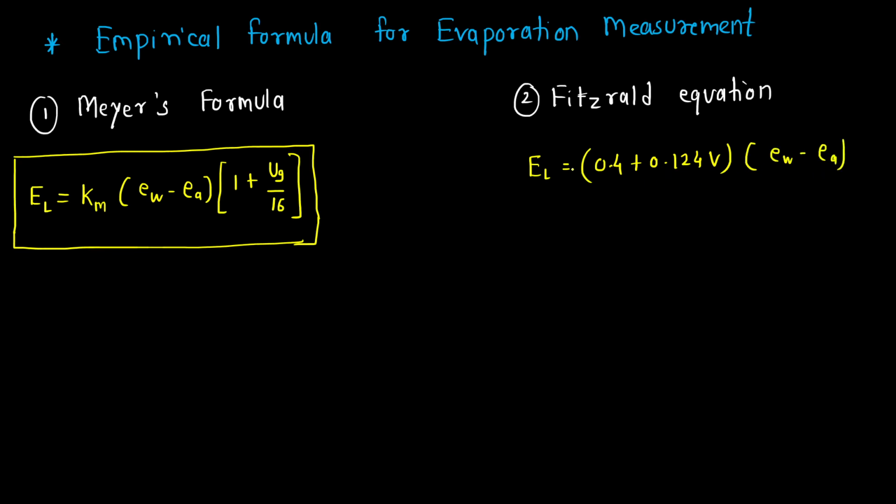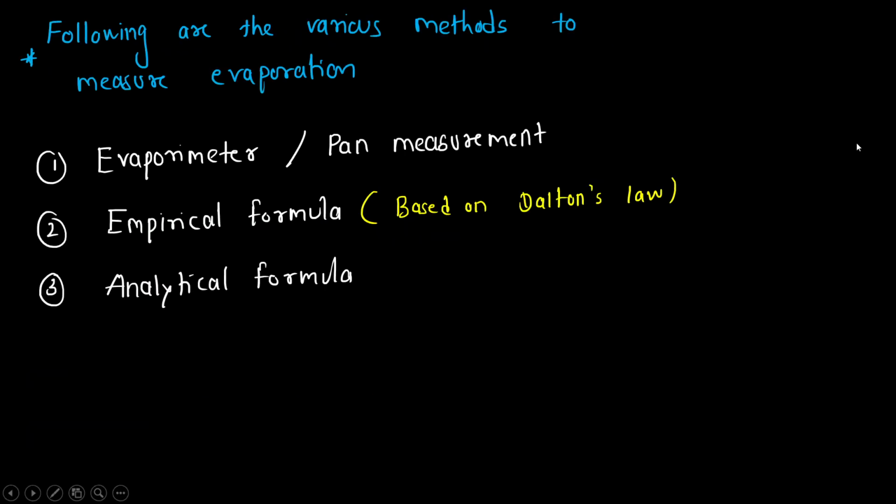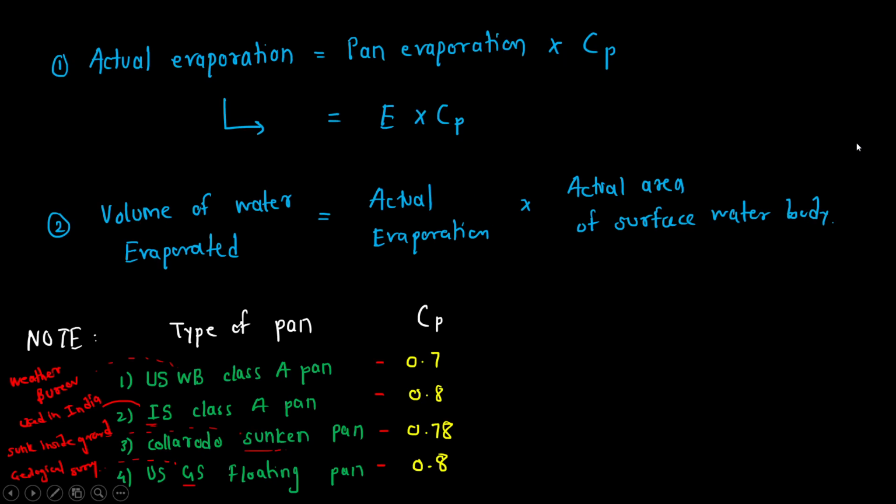As you can see, mainly the rate of evaporation is proportional to the difference between saturation vapor pressure and actual vapor pressure. That is nothing but Dalton's law. Hence we have written that these empirical formulas are based on Dalton's law.